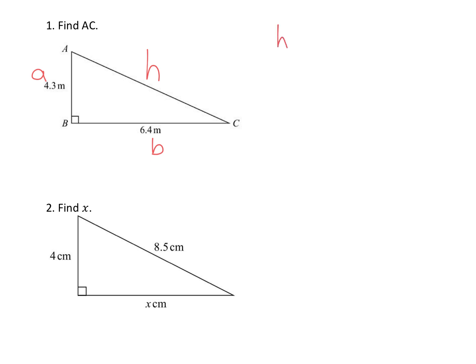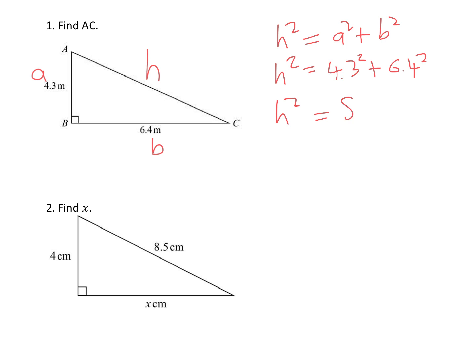Pythagoras' theorem states that the square on the hypotenuse is equal to the sum of the squares on the shorter two sides. So in this case, AC, or the hypotenuse squared, would be equal to 4.3 squared plus 6.4 squared. So the hypotenuse squared is equal to, just put that in a calculator, and it'll work out to be 59.45.